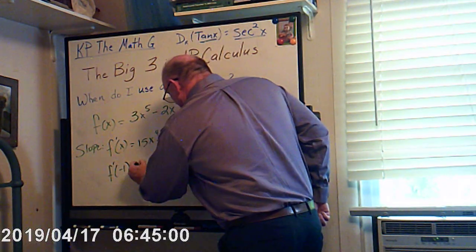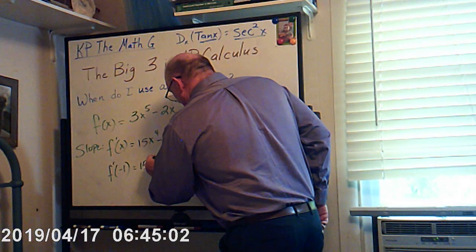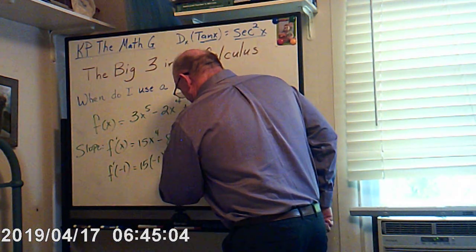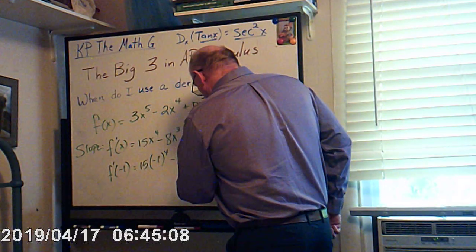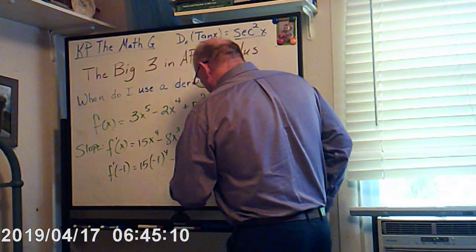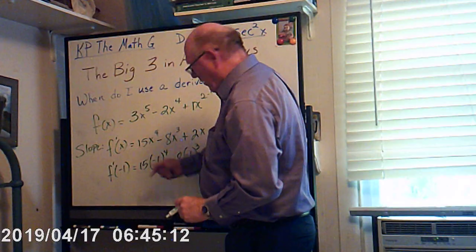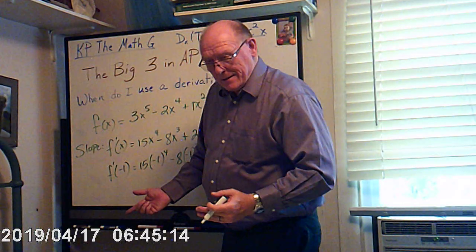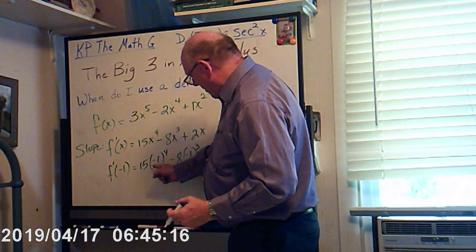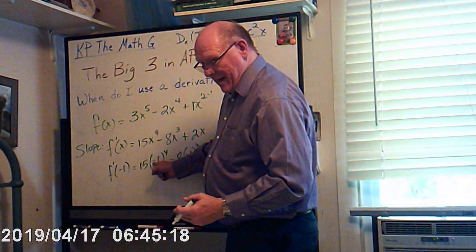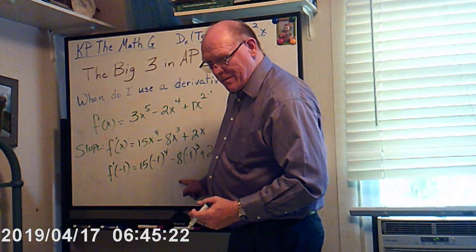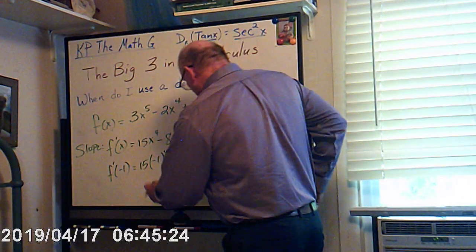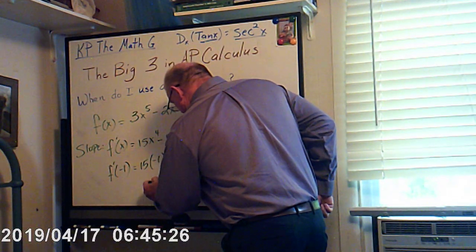So 15 times negative 1 to the 4th minus 8 times negative 1 cubed plus 2 times negative 1. Negative 1 to the 4th is 1. Anytime you have an even exponent, that negative goes away. So 15 times 1 is 15.